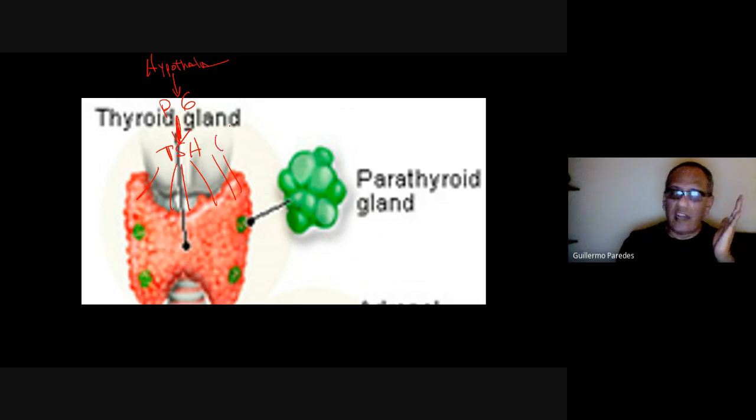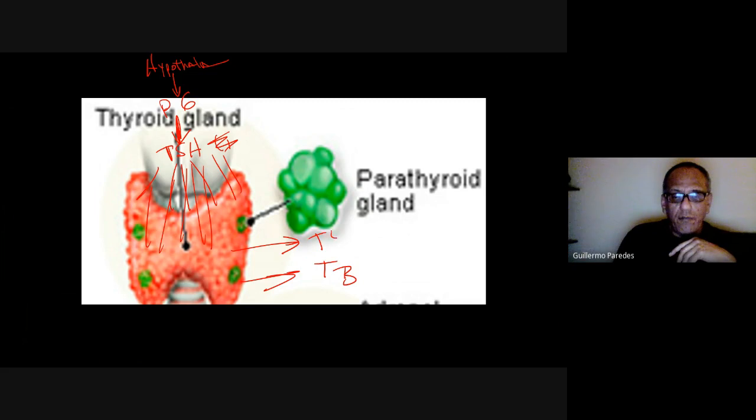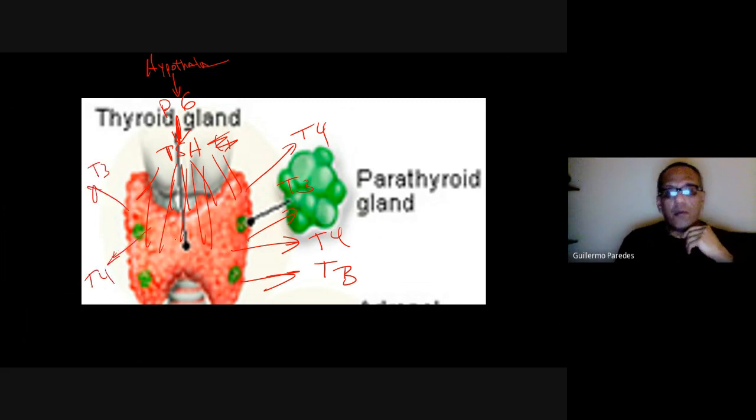That is what it's telling the TSH. Need cakes means need T3 and T4, correct? So it's the TSH that stimulates the thyroid gland to produce T3 and T4. So they are going to produce that.